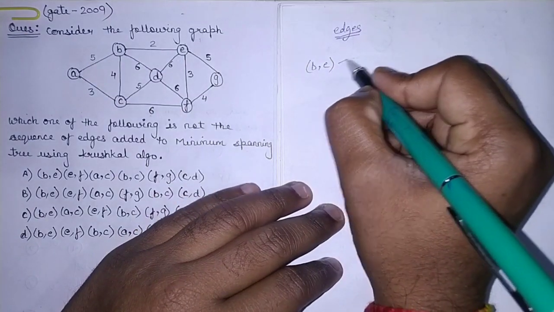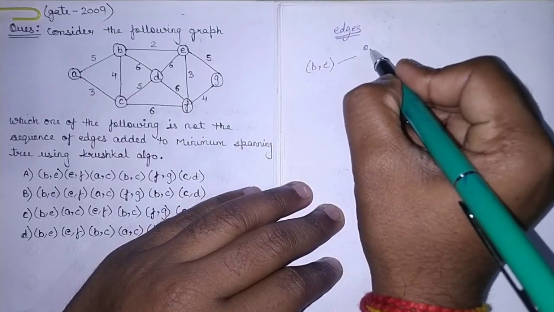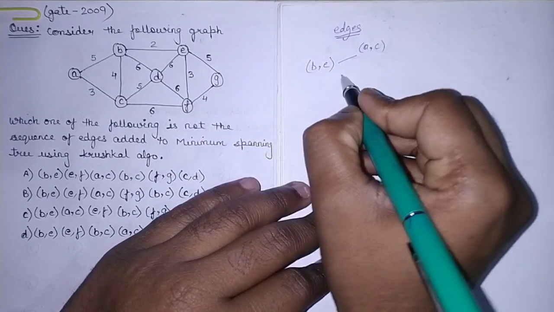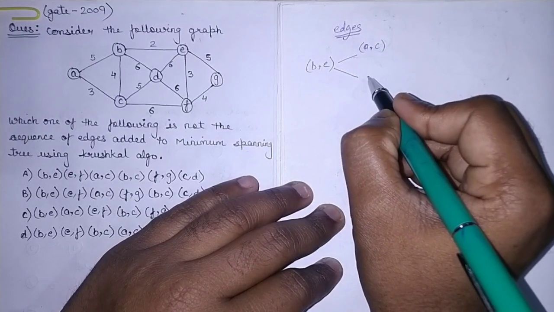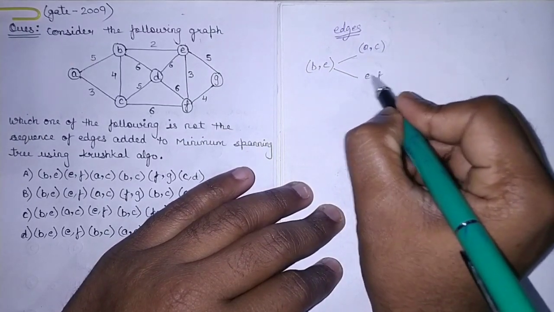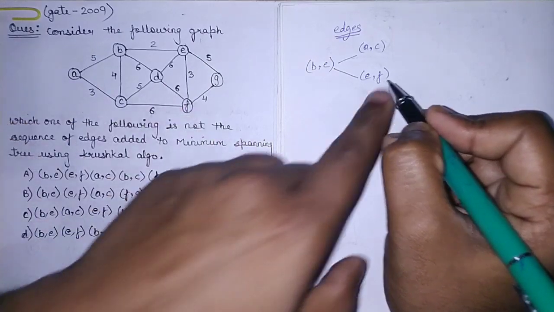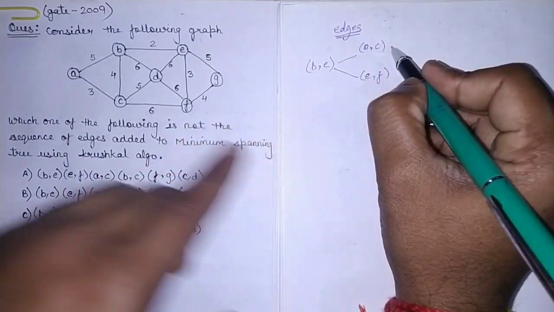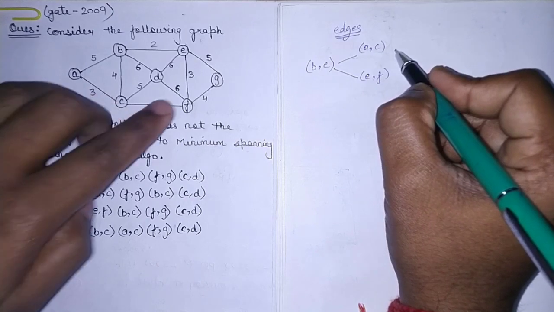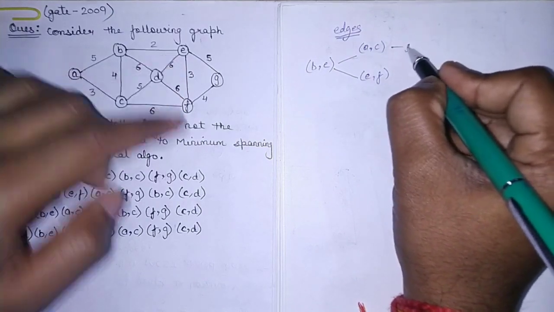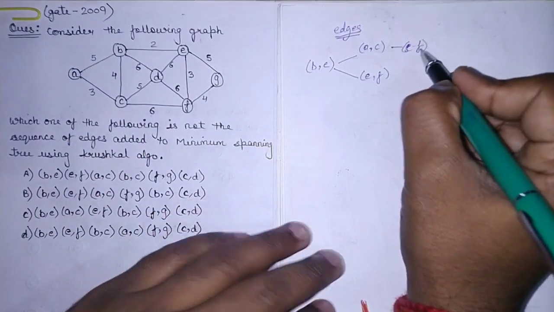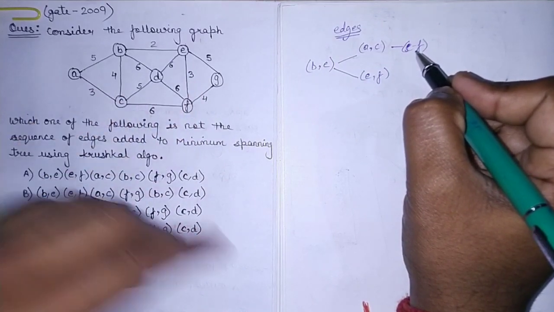So what is the next value? It can be either AC or EF. If I take AC, then next I have to take EF. And if I take EF, then next it has to be AC.